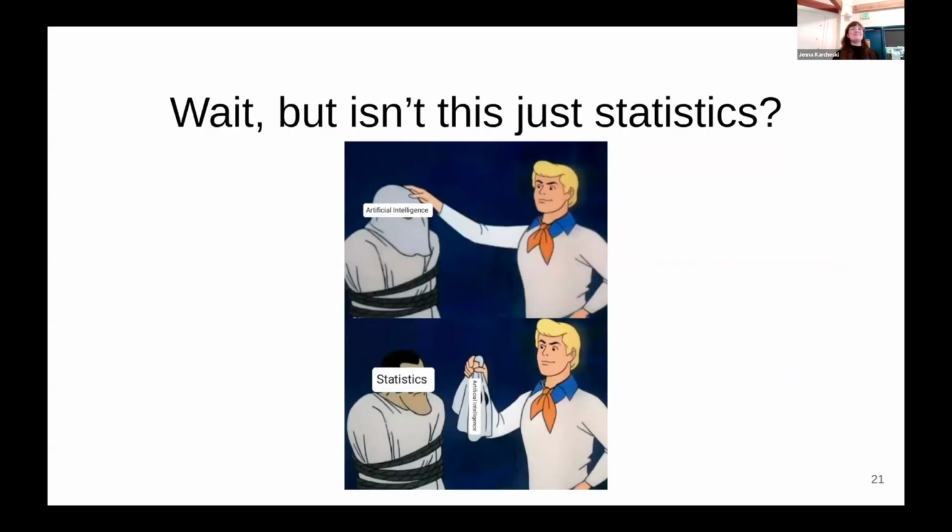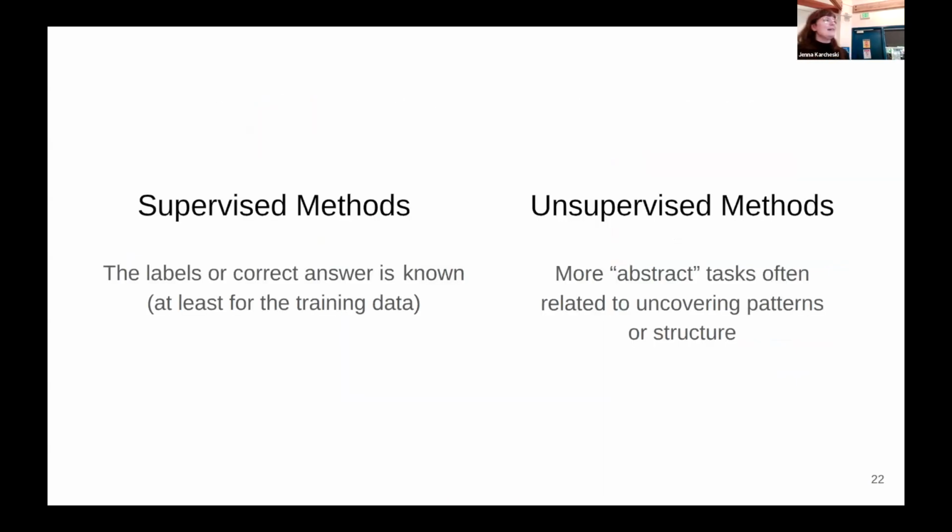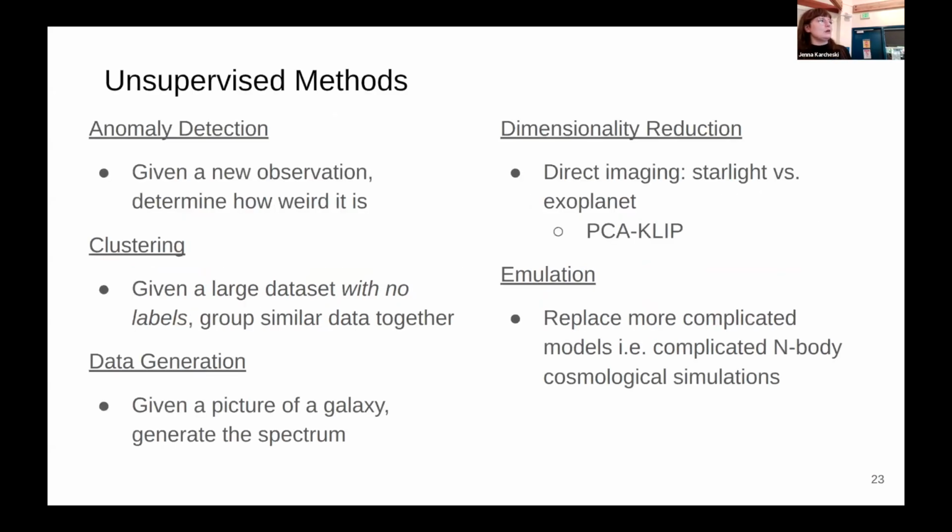And you might be saying, wait, I thought this was a machine learning lesson. We're just doing statistics. And my answer to that is, yeah, kind of, like all of machine learning is just advanced applied statistics. But there are some more complicated tasks called unsupervised tasks that stray a little bit farther from this statistics in disguise that we can talk about, and talk about a few famous examples in astronomy.